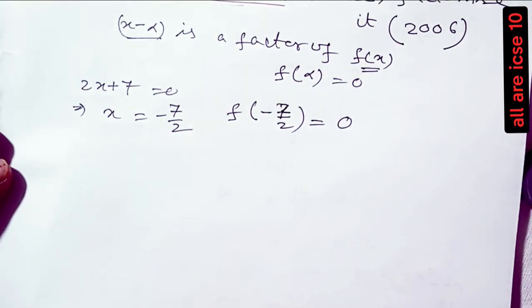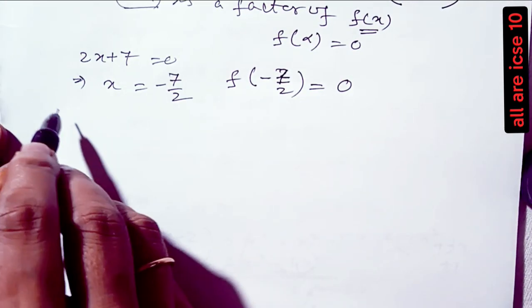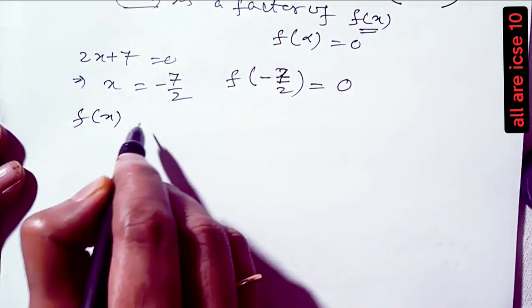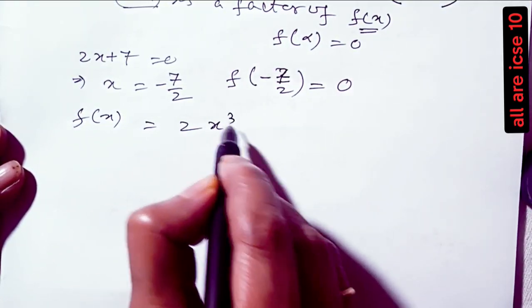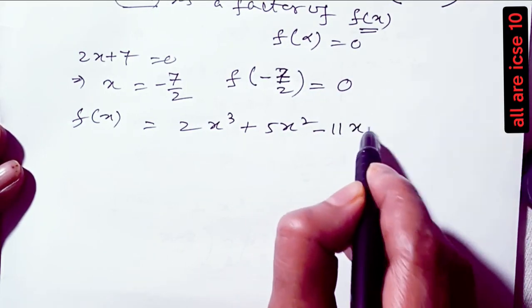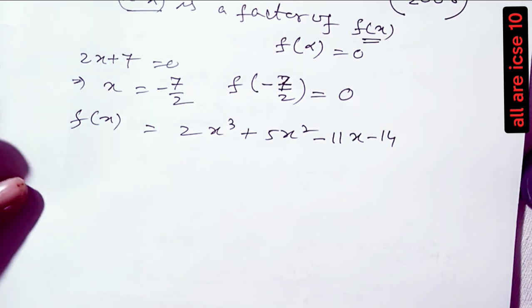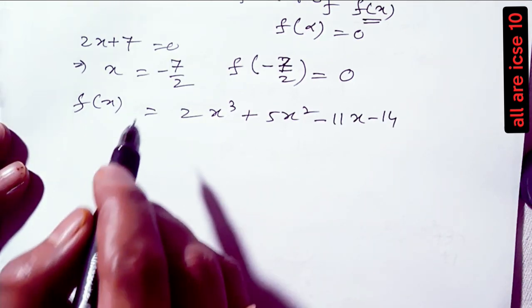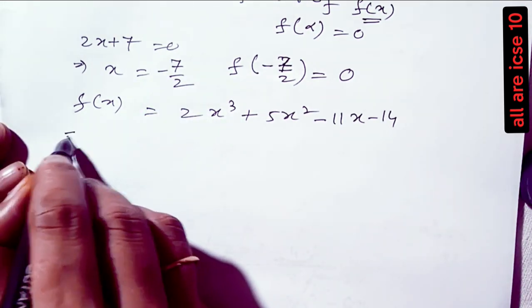Now our fx is fx equal to 2x cube plus 5x square minus 11x minus 14. Now we put the value of x equal to minus 7 by 2.